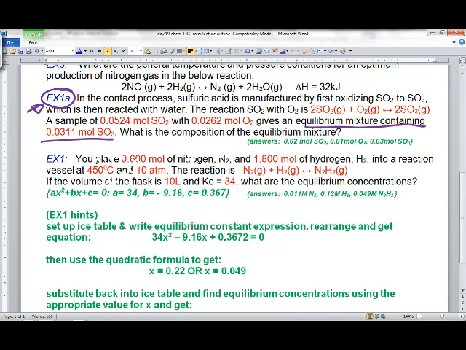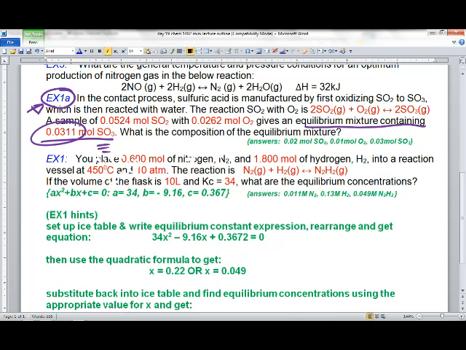They give you one of your answers. So you do the whole ice table. And then whatever you wrote under SO3, you just set it equal to this. And that's how you get your X. And then you substitute it into all the others you wrote in the E row in your ice table. So you have them all. Okay, do you see that? They give you one of the answers.